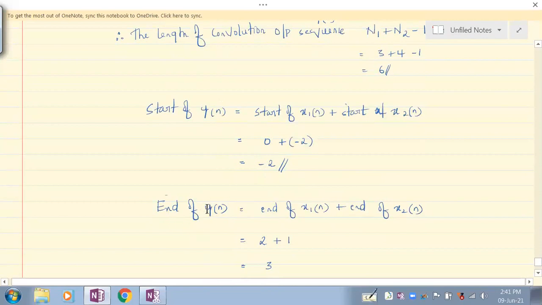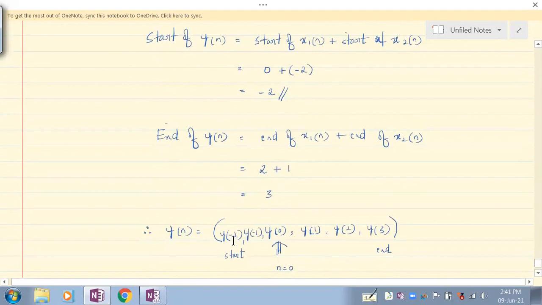And where would y of n end? If it starts at -2, we need to have 6 samples, right? So if we have to have 6 samples, see here, it starts at -2, then 1, 2, 3, 4, 5, 6. By the time it has 6 samples, it's y of 3, which is your 6th sample. End of y of n needs to be calculated by adding end of x1 of n and end of x2 of n.